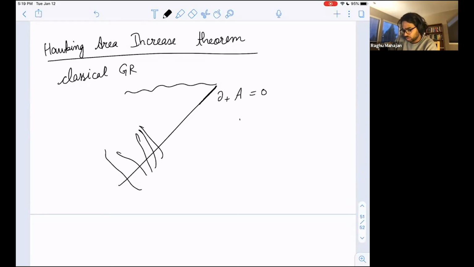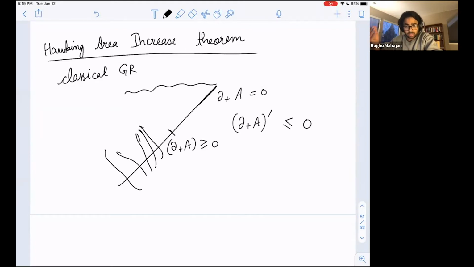But the focusing theorem tells us that the derivative of d plus A, I'm going to put a prime here, it just means d plus, is negative. So using these two facts, we conclude that d plus of A at this point must have been positive, right? Because it has to go to 0 in the future, and its derivative is negative, so it must have been positive in the past.